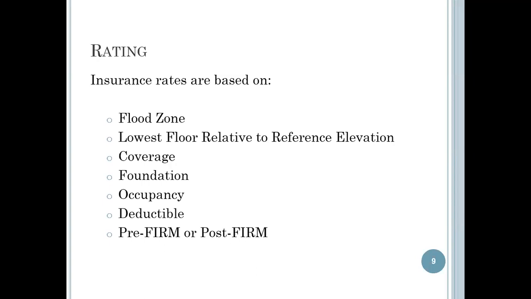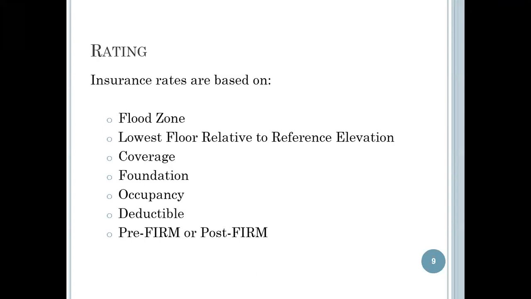Is it a duplex, a 4-family, a non-residential building? Is it a public building? Is it a church? Those all affect the premiums that we charge, as well as what's the deductible? There are minimum deductibles for both building and contents. There are maximum deductibles, $10,000 for a residential property and $50,000 for a non-residential property.